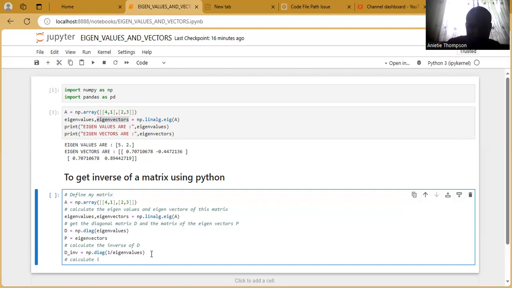As from the theorem perspective, that equals P times D_inv times P inverse.